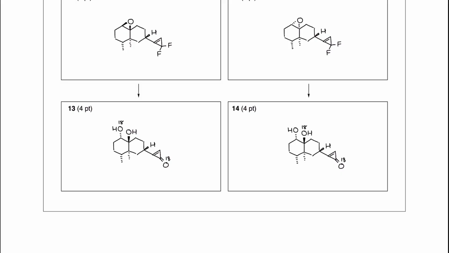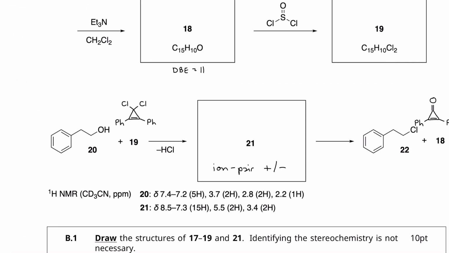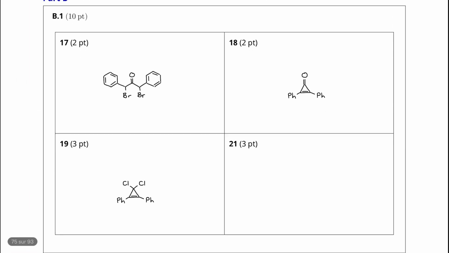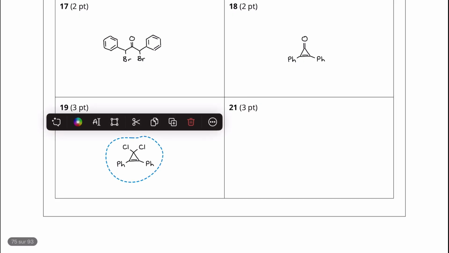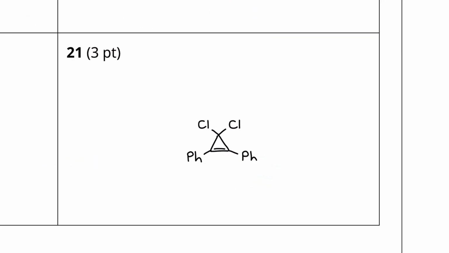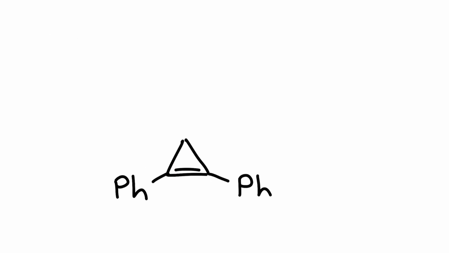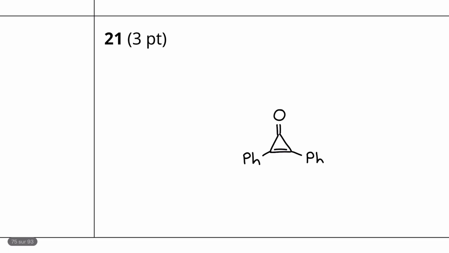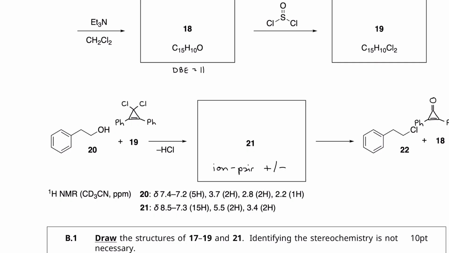So 21. Let me get 19 first. So 21 should just be a carbonyl bearing an alkyl group, which is just the group here.